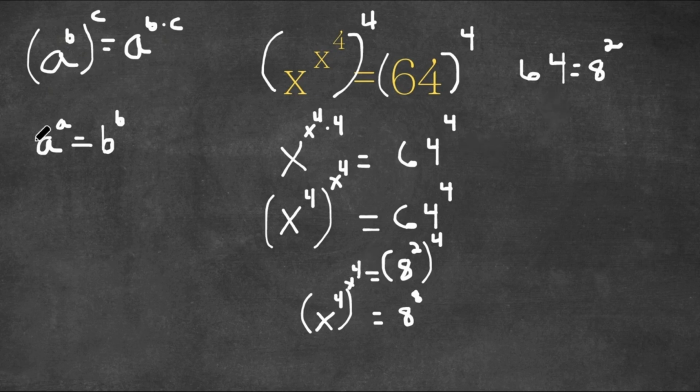Now we can say that if a to the power of a equals b to the power of b, a equals b, right? So if x to the power of 4 to the x to the power of 4 equals 8 to the power of 8, then we know that x to the power of 4 equals 8. Now we want to cancel this fourth power here, so we're going to take the root of 4 on both sides.